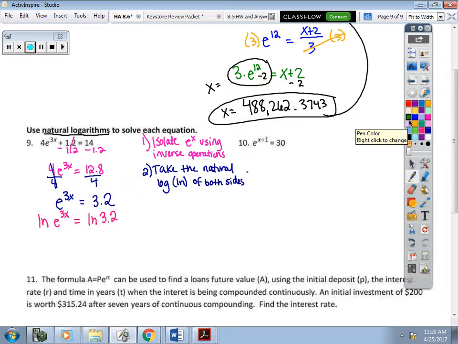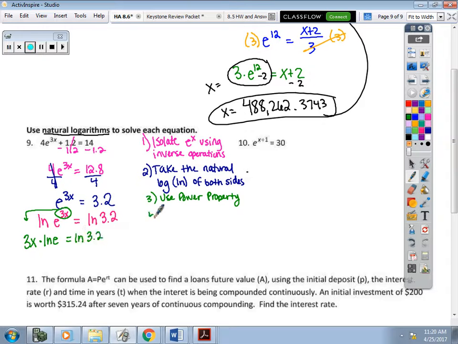We'll use our properties of logarithms to use the power property to move that 3x out front. And then we'll just use inverse operations to solve for x. So I see multiplication of 3 times x times natural log of e.